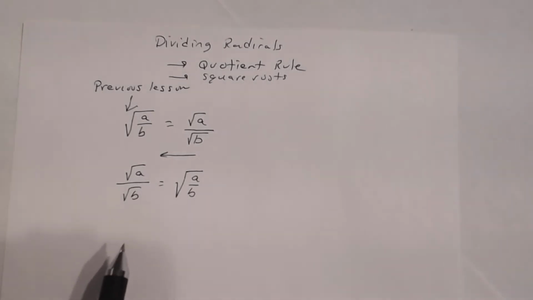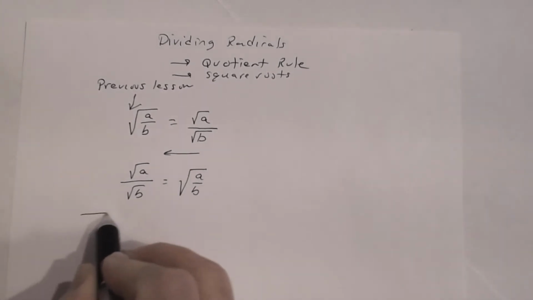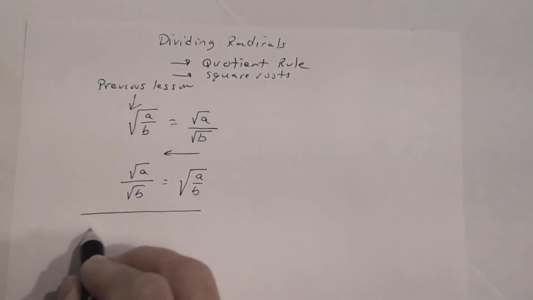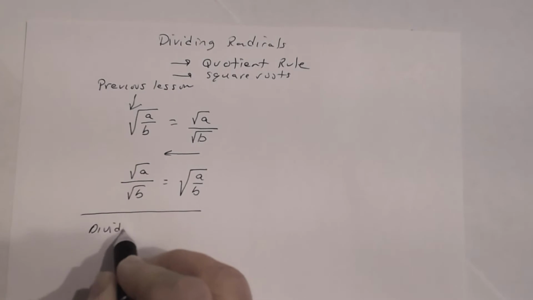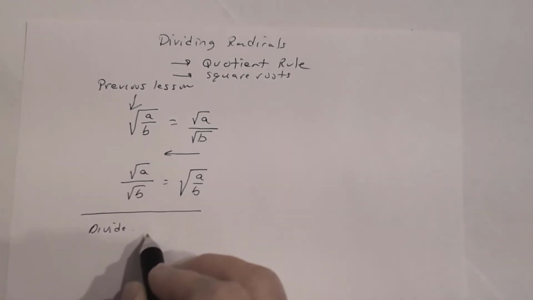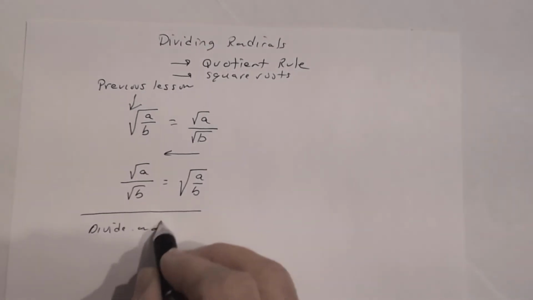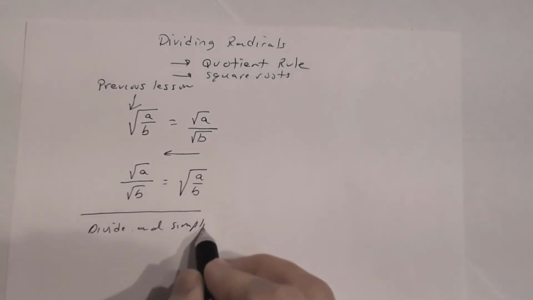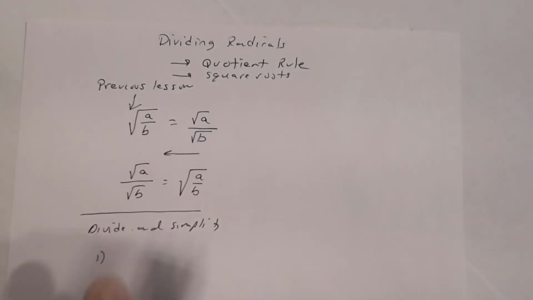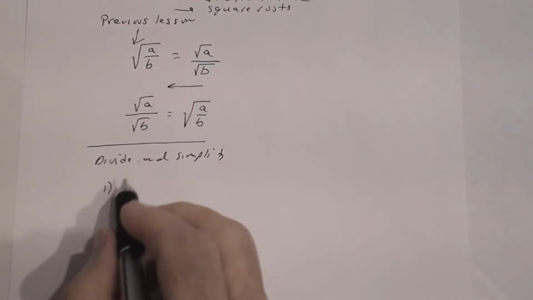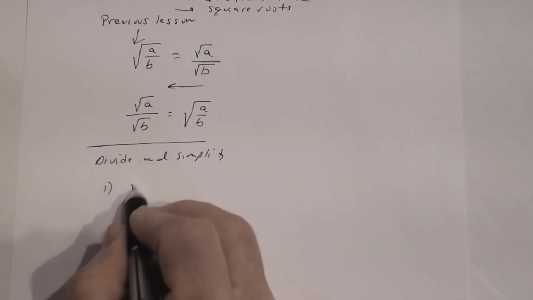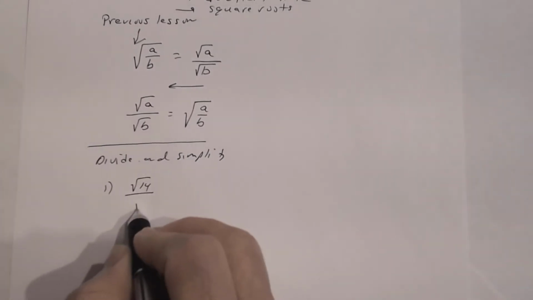All right, so let's look at an example. It's just going to say something like divide or simplify. Remember, you always want to simplify whenever possible. Number one, I have the square root of 14 divided by the square root of 2.